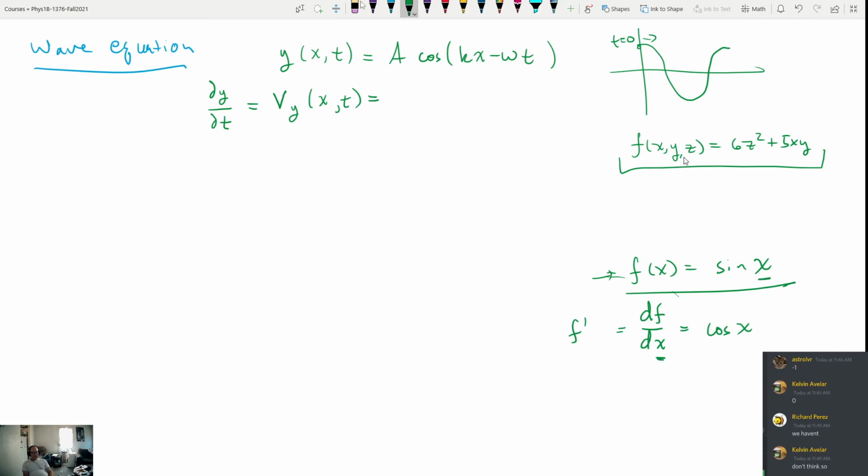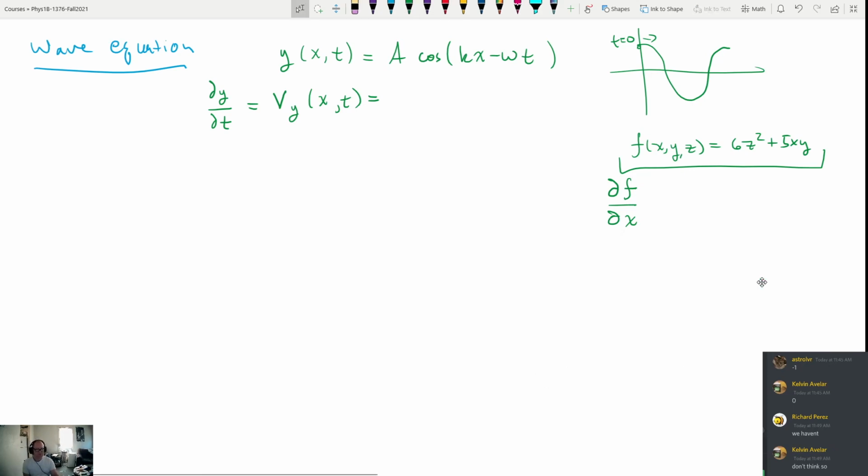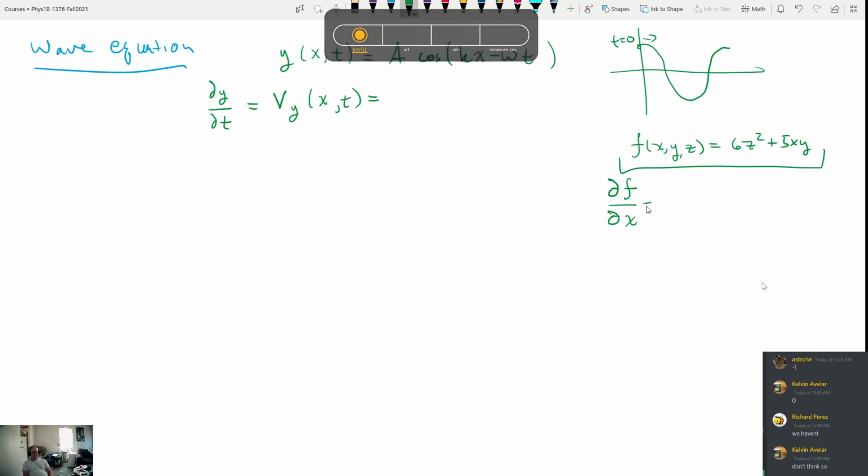But what if you have a function that has multiple variables? Then you have to specify which derivative you want to take, and the way you do that is through what's called a partial derivative. So let's say that I want to take the derivative of this function with respect to x. We use these curly d's to distinguish from the regular derivative.